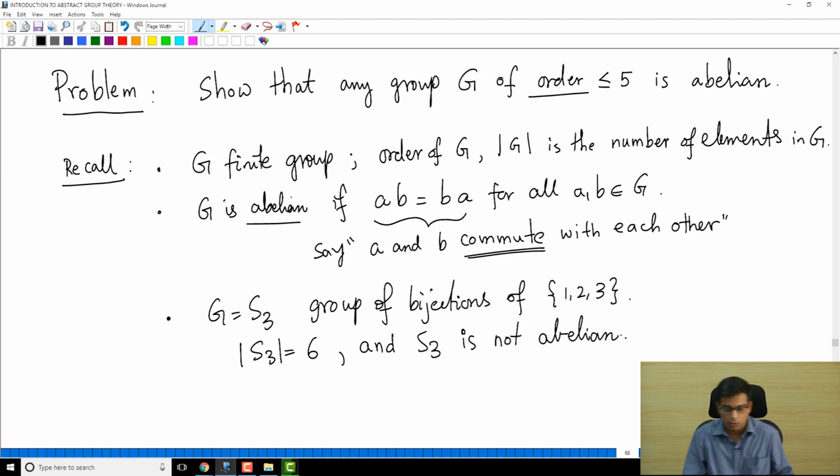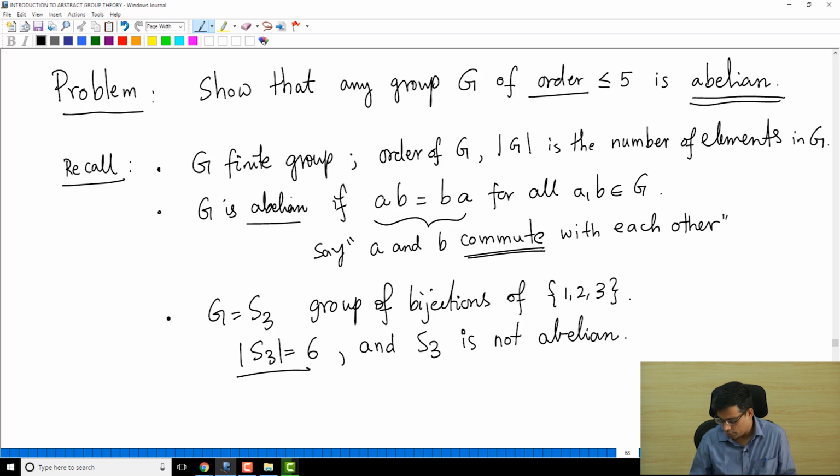If you go back to an earlier video, you will see that we explicitly showed that there exist 2 elements in S3 such that they do not commute. So S3 is not abelian and it has 6 elements, and the problem asks you to show that any group which is smaller than that, meaning having 5, 4, 3, 2 or 1 element, must be abelian. So, the smallest group which is not abelian is of order 6, which is S3.